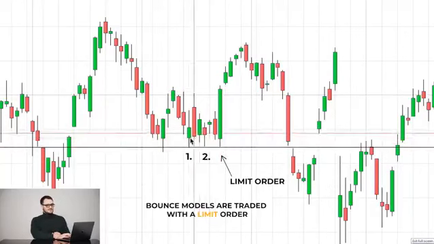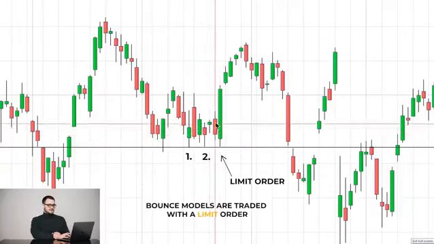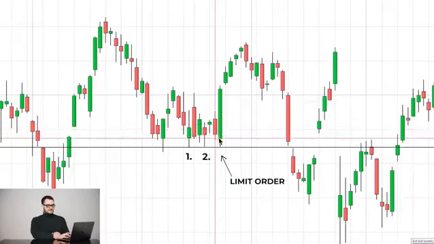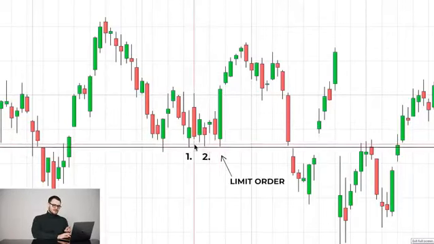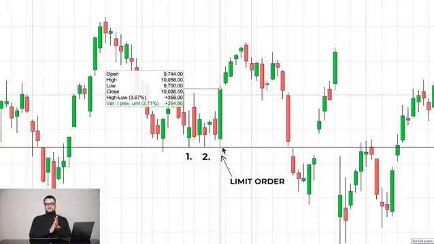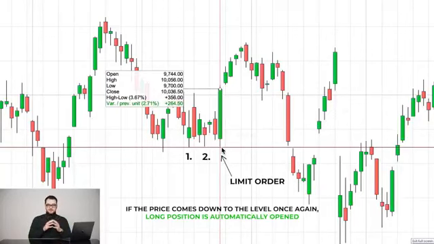That means that once you see that this kind of a structure is developing, and perhaps you have this long candle here just opened, and you see that if we come to this level right here, once again, just like we did twice here, we will have the perfect bounce opportunity, and you'll set out your limit order, which would automatically execute if the price comes to this level, and you would automatically open a long position.